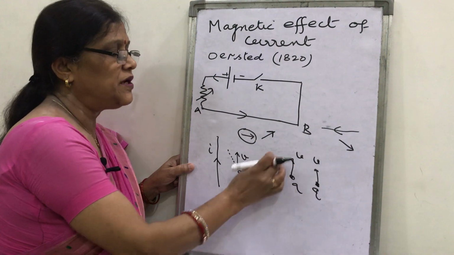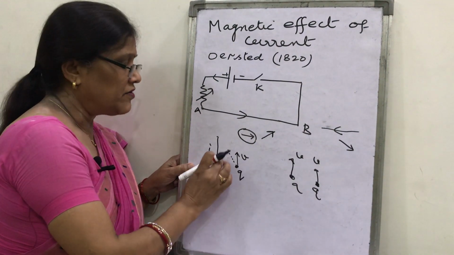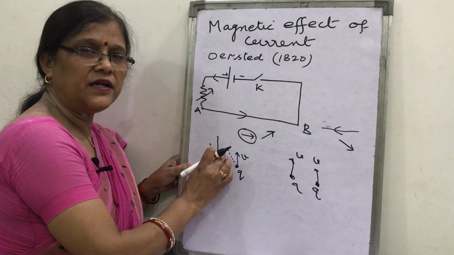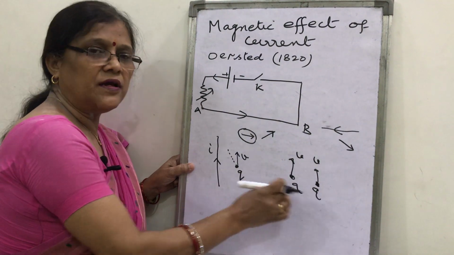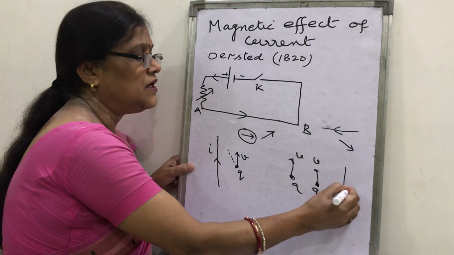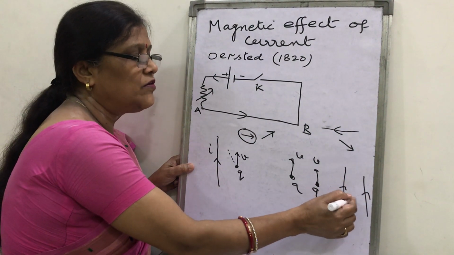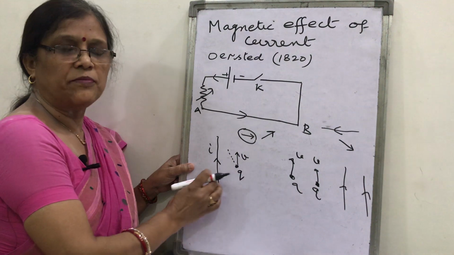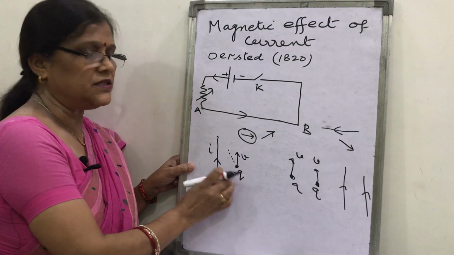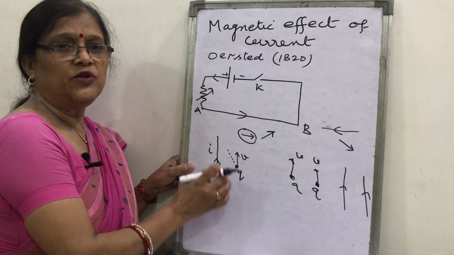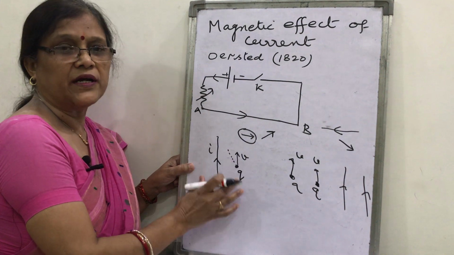Magnetic field is produced by a charge in motion, and by a current carrying conductor. So if they come near each other, in the region of each other, then what will happen? There will be a sideways force, a magnetic force on each other. This force is due to the magnetic field.